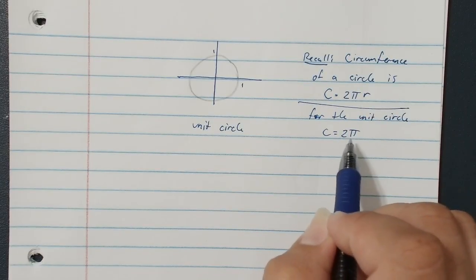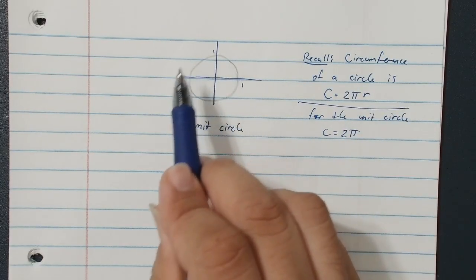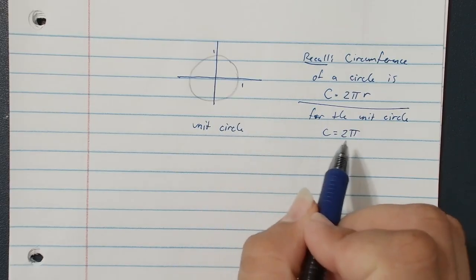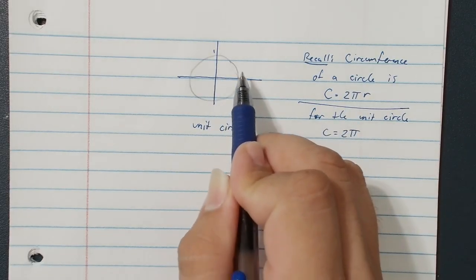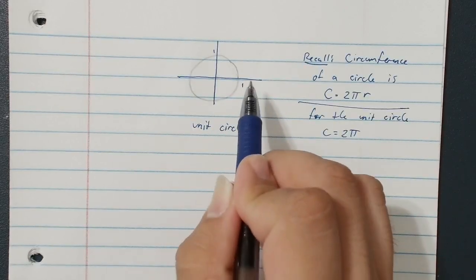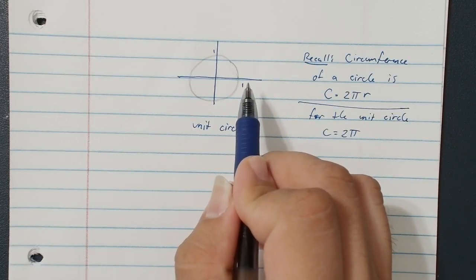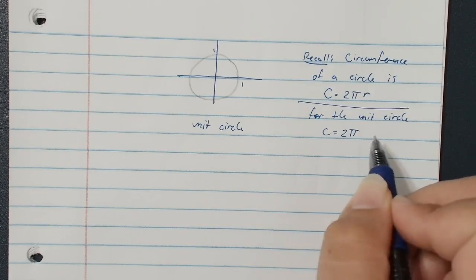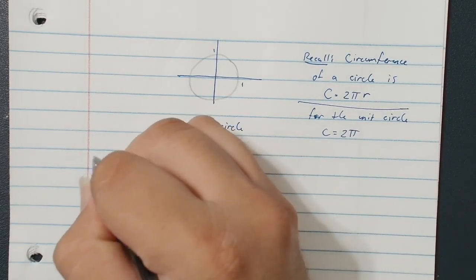But if we think about it this way, we say, well, going all the way around a circle is also its circumference, and that circumference is 2 pi. So we can say all the way around the circle is 360 degrees, or we can say it's 2 pi. 2 pi what, though?